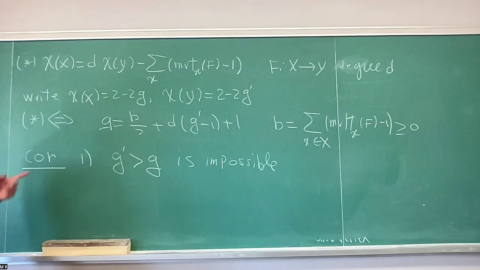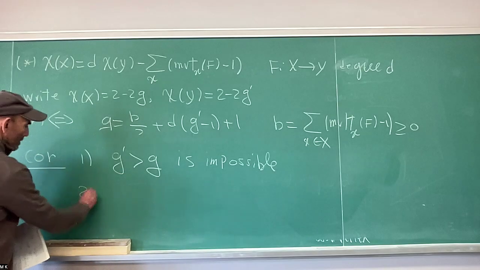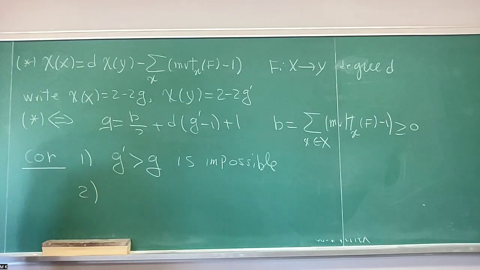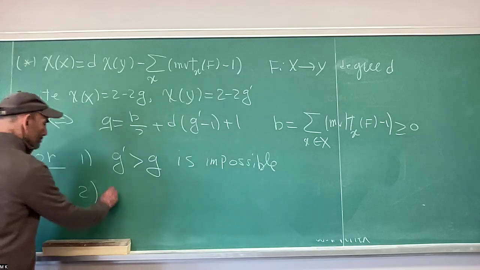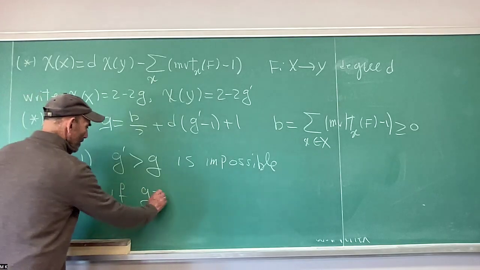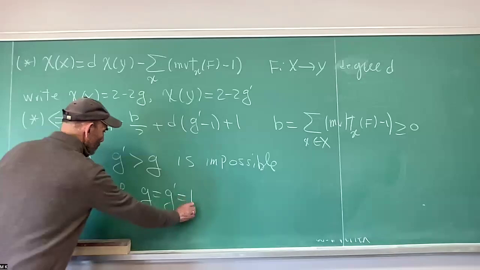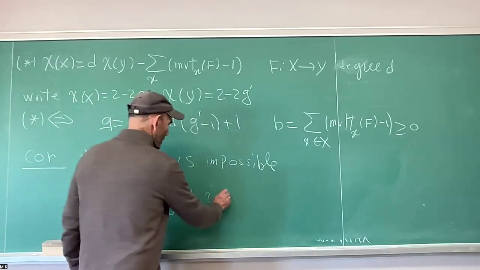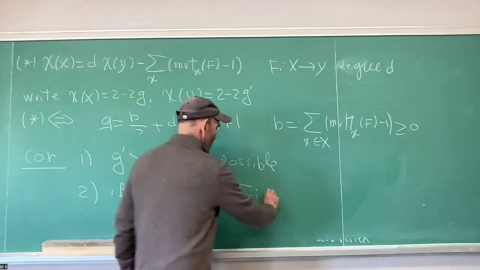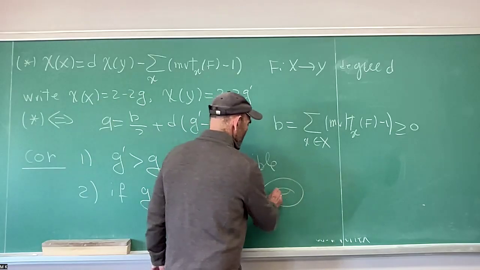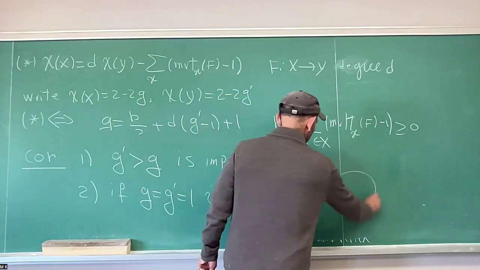The second case that we can consider: if the genus is 1, now imagine G is equal to G prime is equal to 1, i.e. F is a map that goes from a surface of genus 1 to a surface of genus 1.